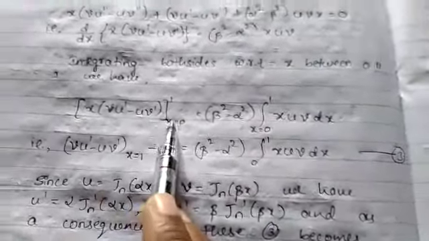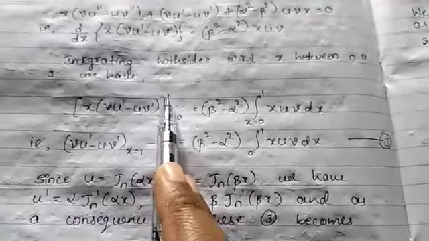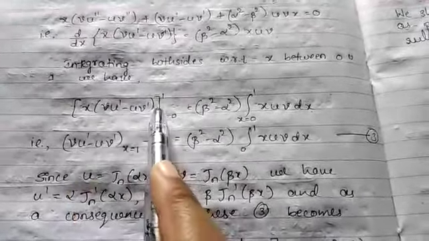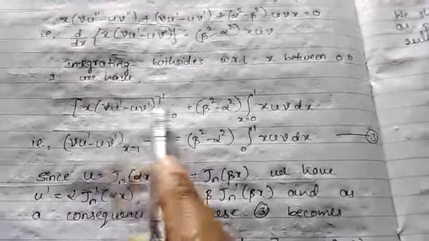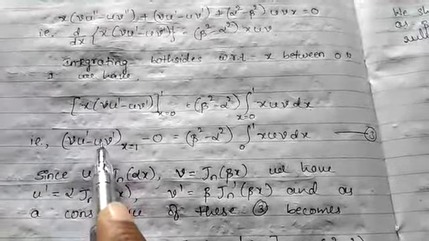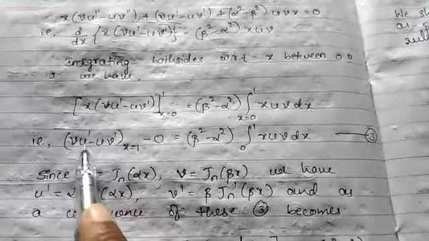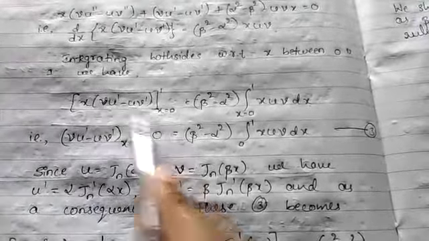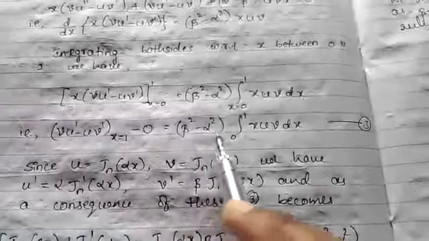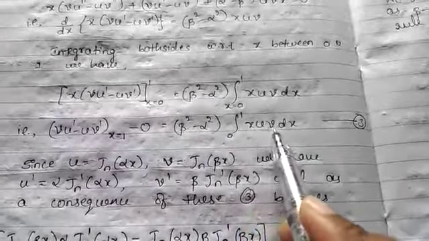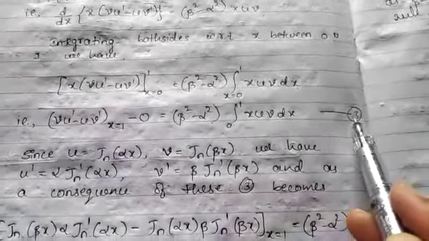Then applying the limits: at x equal to 1 it is v u dash minus u v dash, minus the value at x equal to 0, which is 0, equal to beta square minus alpha square times integration from 0 to 1 of x u v dx. Take this as equation number 3.